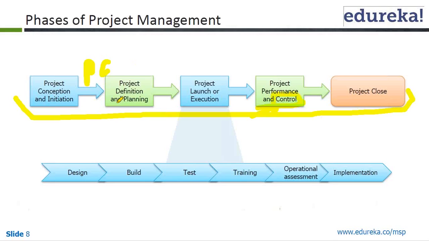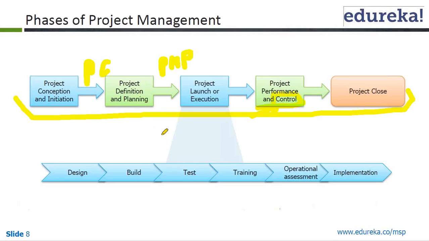You may have some schedule constraints, some cost constraints, and certain assumptions, and so on. So you go on collecting the requirements, refining them to create the exact scope and detailing them out in order to come towards project definition and planning. Essentially, the project management plan, PMP, is the output of this stage called project definition and planning.